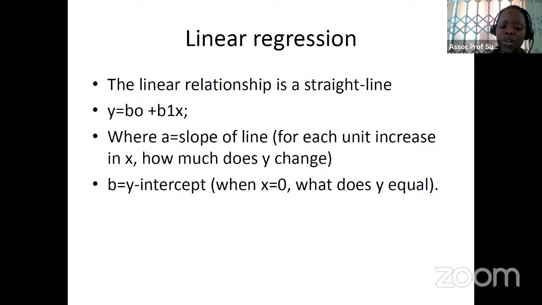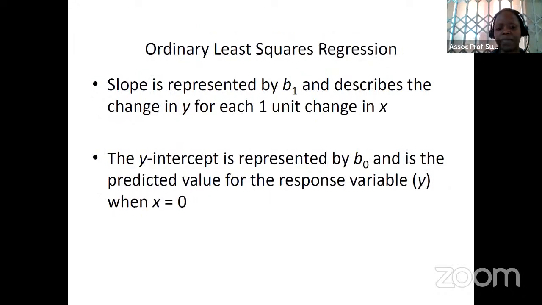And b naught is the intercept: when x is equal to 0, y is equal to the value of the intercept. So slope is represented by b1 and describes the change in y for every unit change in x. The y-intercept is represented by b naught and is the predicted value for the response when x is equal to 0.